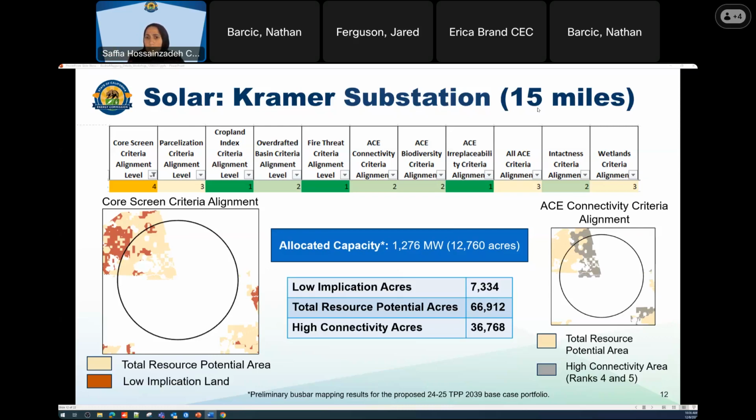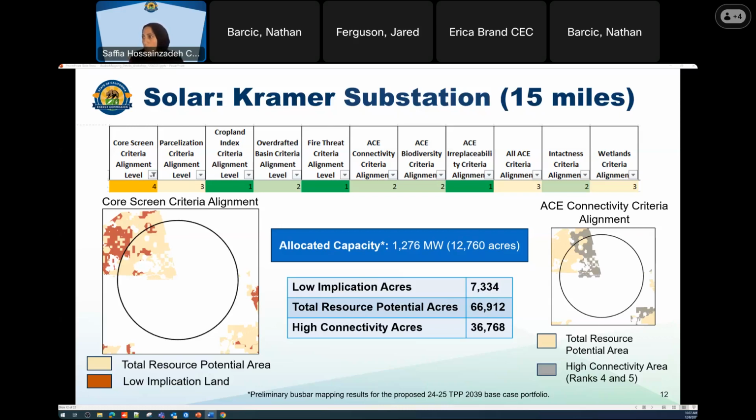So when we perform that calculation, it ends up that remaining about 6,000 acres would need to be mapped in the high implication area. That's less than 10%. So overall, the criteria alignment level is given a 4 for this metric.